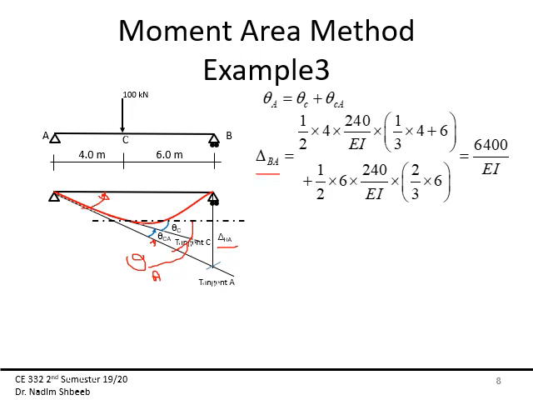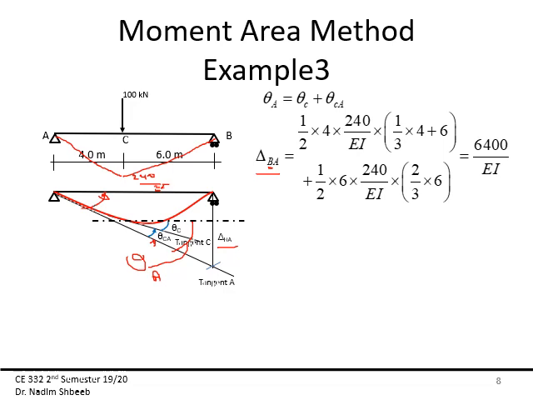Delta BA is going to be equal to, again, now here I'm going to take the moment over EI diagram, and again it's about point B. Let me draw the triangle of the moment so that we don't forget what it is. Okay, here is my 240 over EI.